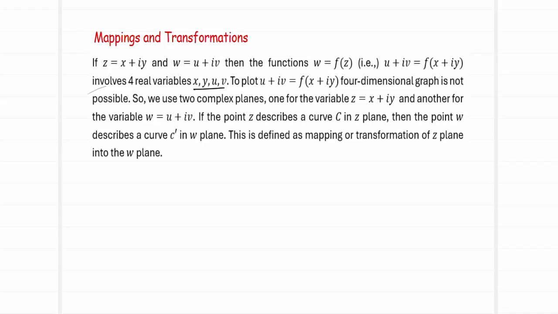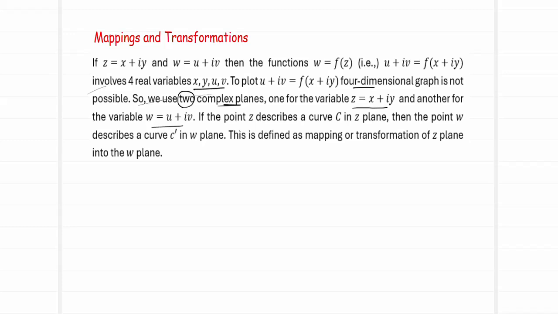Now if we have to plot the graph of u plus iv equal to f of x plus iy, I will require a four-dimensional graph, but that's not possible for us. So to overcome this difficulty, we will be using two complex planes. One complex plane for the variable z equal to x plus iy and one more complex plane for the variable w equal to u plus iv.